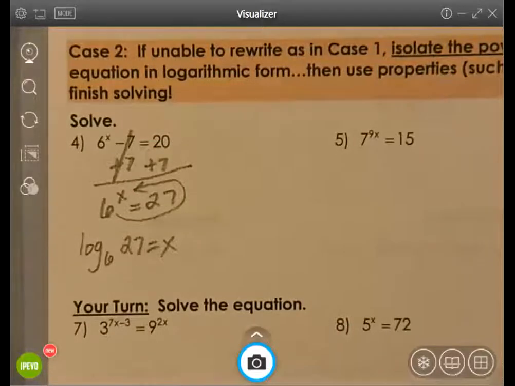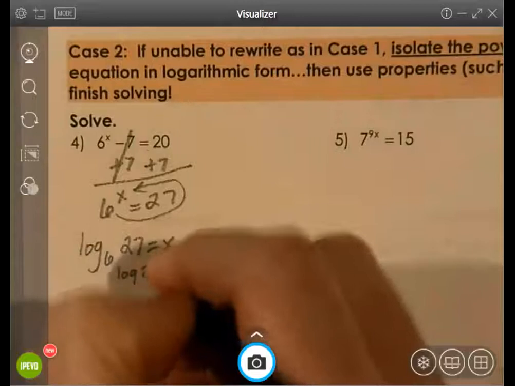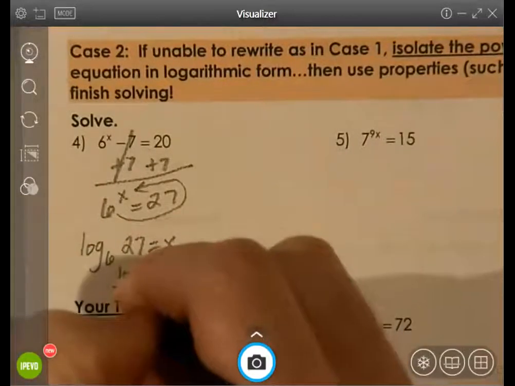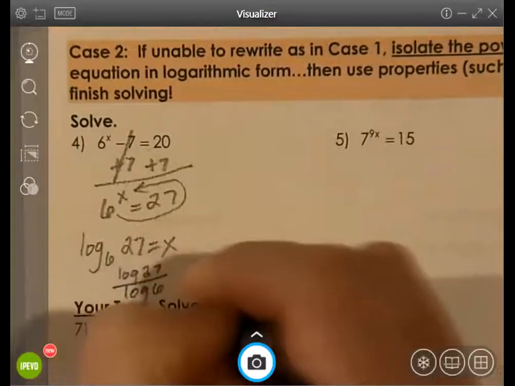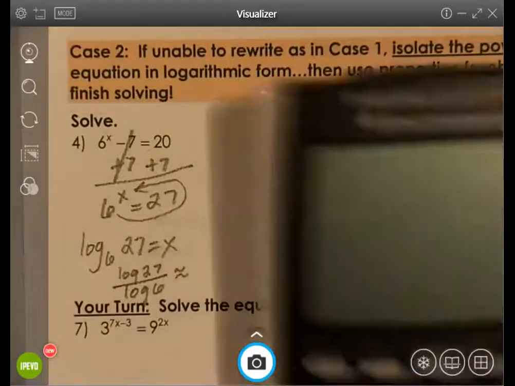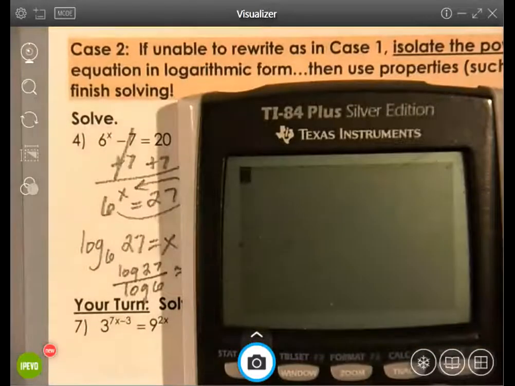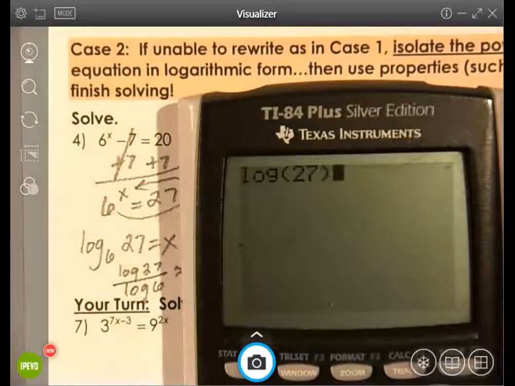Yesterday, we learned about the change of base formula. Log of 27 divided by log of 6.